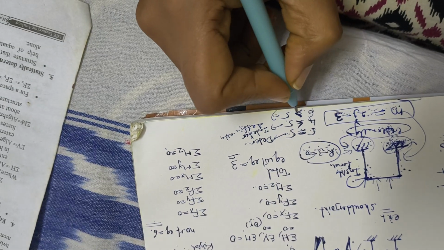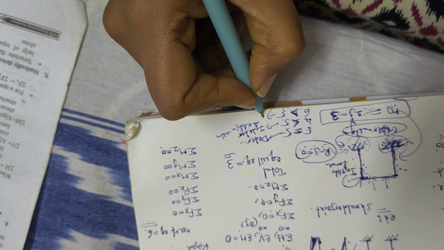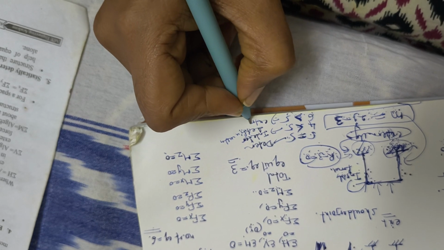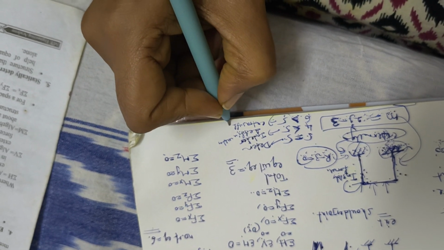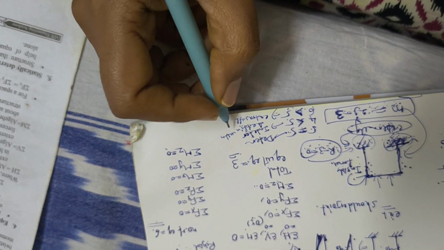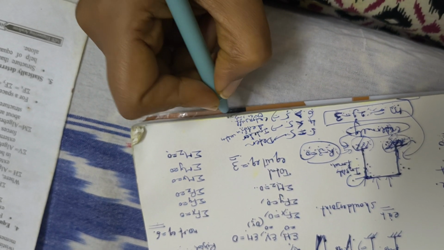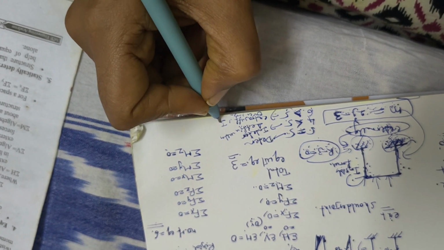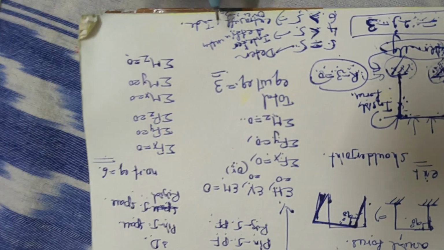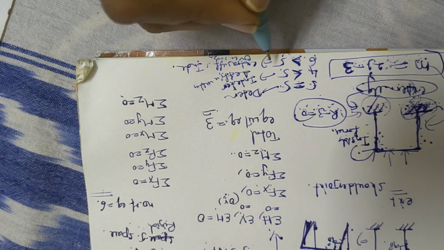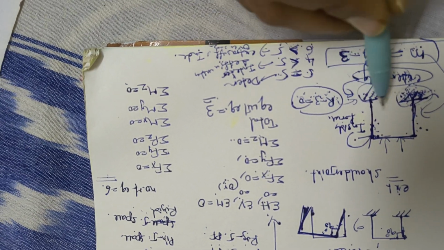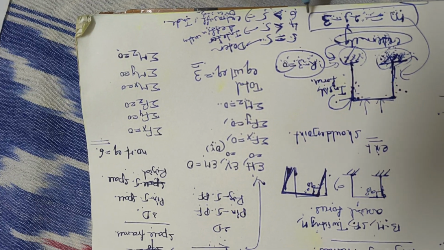And if 6 is greater than 5, it is an extra sufficient structure, or overstable structure, and also an indeterminate structure. So this is about static determinacy.